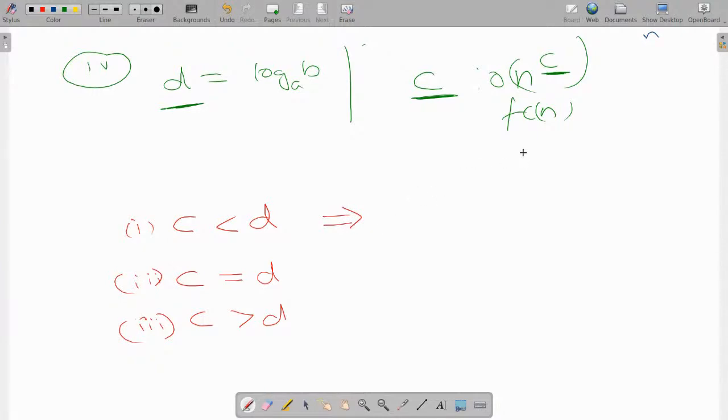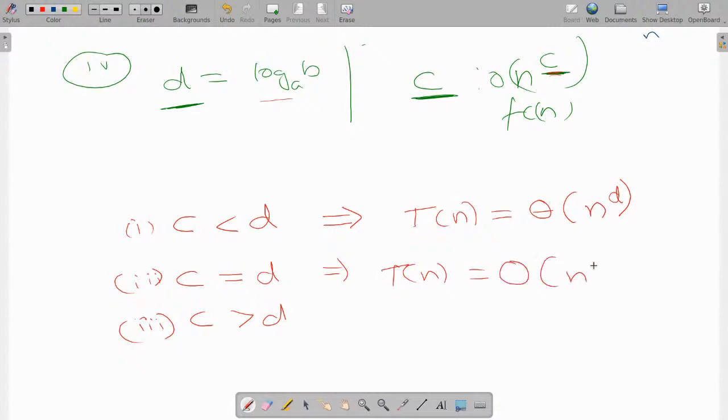And if these three conditions prevail, we have our answer. If c is less than d, then the final time complexity comes out to be theta of n power d. If the function's polynomial exponent c and log b base a are equal, then the final time complexity comes out to be O of n power c, this is the original function as the addendum, into log of n.